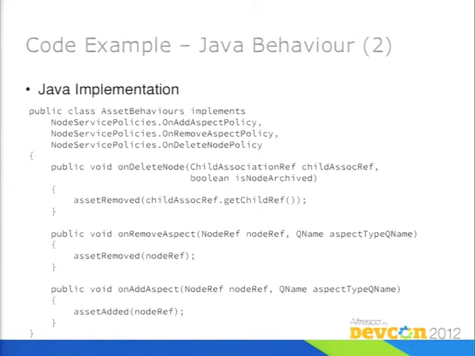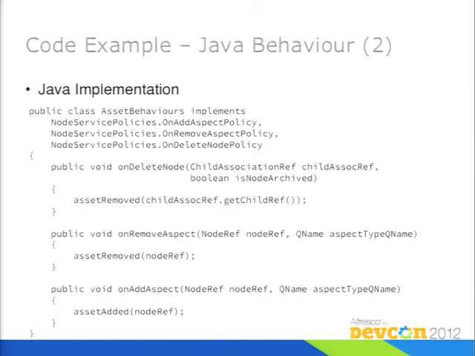How about on content loaded? The content service has similar policies, so on content updated would be fired and things like that. The thing to do is look for these policy classes, which will define all the methods that you can listen on.